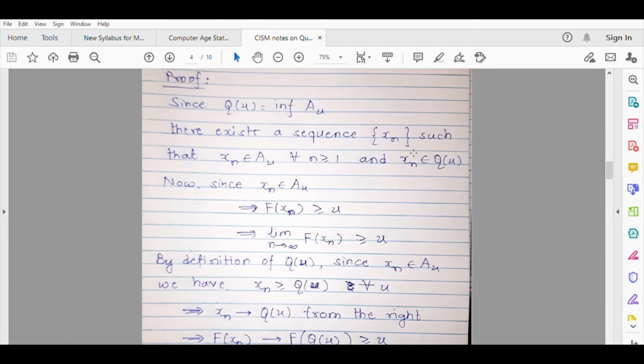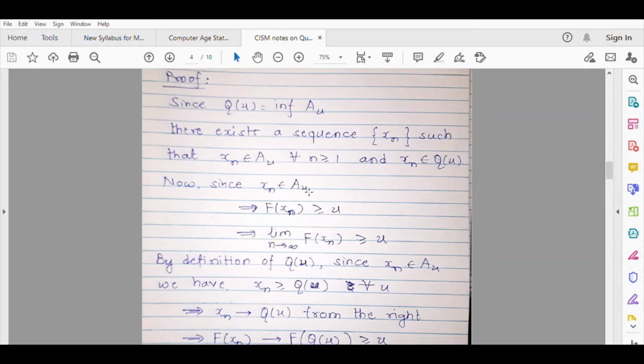There is a correction: this should not be belongs to. Xn converges to QU. This is what we assume. Xn is converging to QU, and all the points in this sequence are from the set AU, such that the limit of this sequence is QU. Let us see how we can prove this.